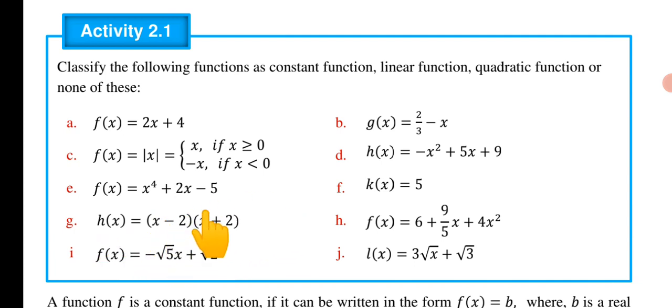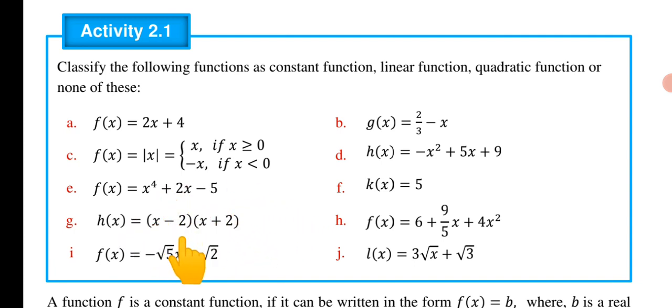H of x is equal to x minus 2 times x plus 2. Look, the multiplicity here is 1, the multiplicity here is 1, then 1 plus 1 will be 2, so this will become quadratic. To observe this also, you can multiply x times x plus 2 minus 2 times x plus 2.